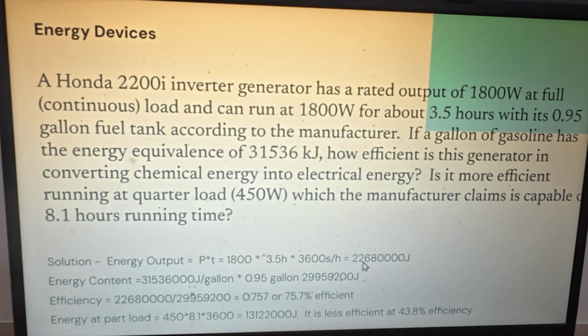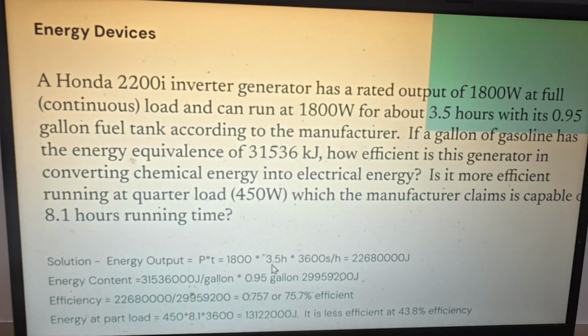So this is 22.68 million joules, or 22.68 megajoules. The energy content of a gallon of gasoline is 31.536 megajoules per gallon. And you multiply it by the number of gallons in the tank, and you get 29.95 megajoules of energy.